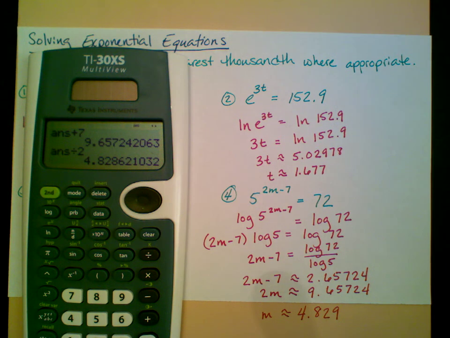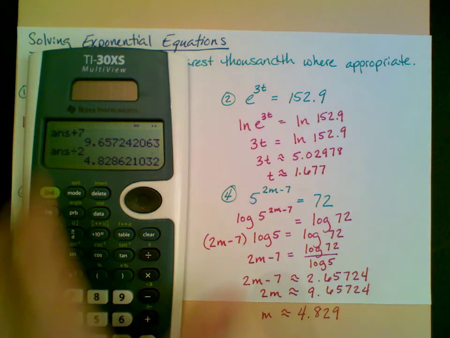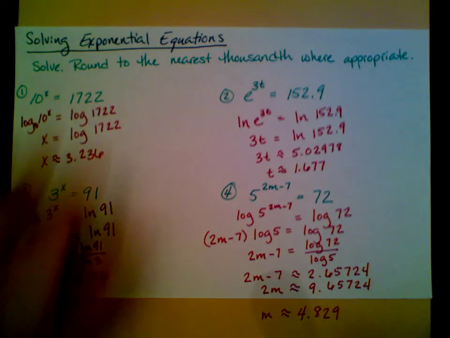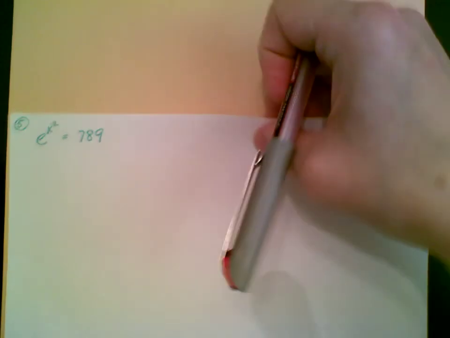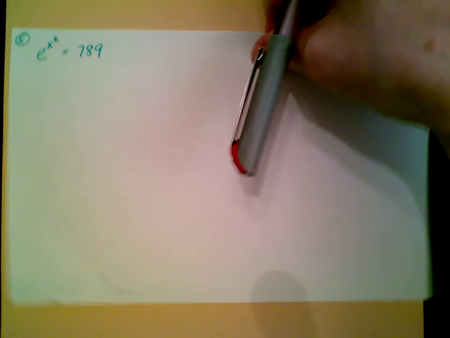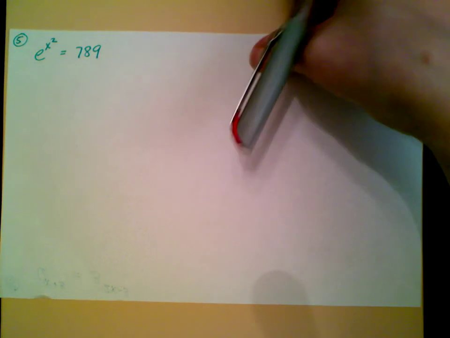Now finally we have one more problem to work. Alright, so I have e to the x squared equals 789. Now here I could take the common log and use that property like we have been.